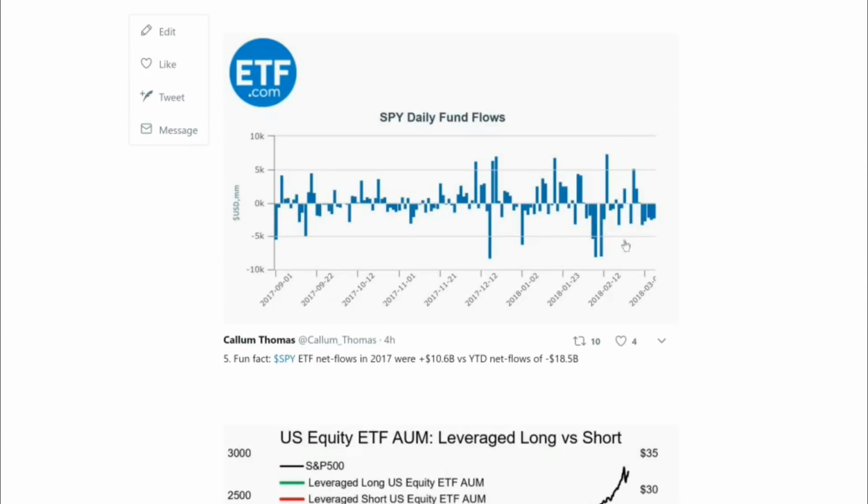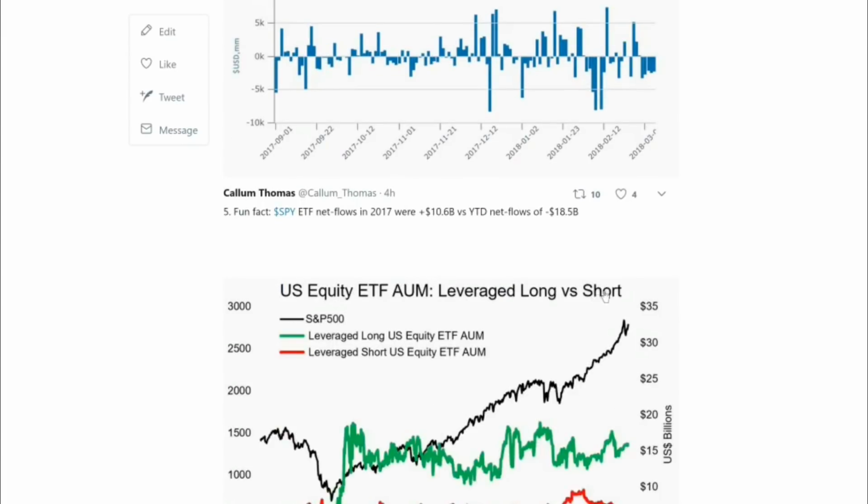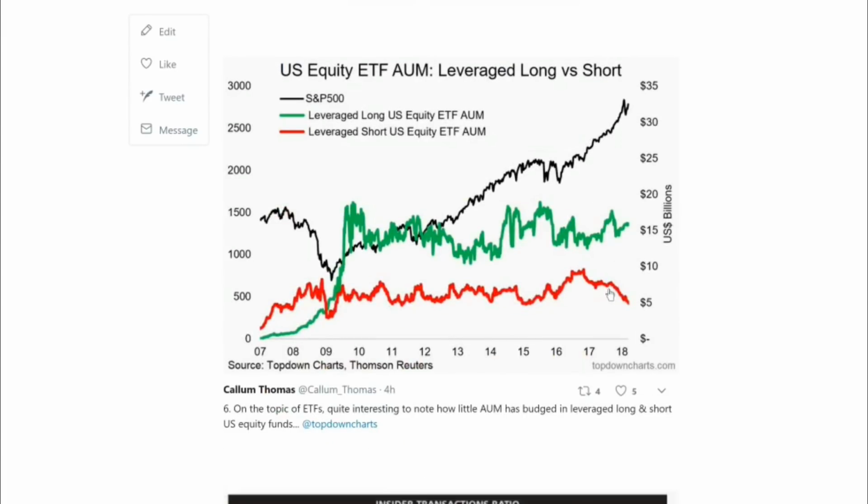But as interesting as that is, you contrast it with the next one, which shows you assets under management for long versus short US equity ETFs. It's really quite interesting that the long side didn't actually move that much, and it started increasing, so potentially people are putting the long bets back on. But on the short side, in contrast to what you might expect, it's actually fallen away quite a bit.